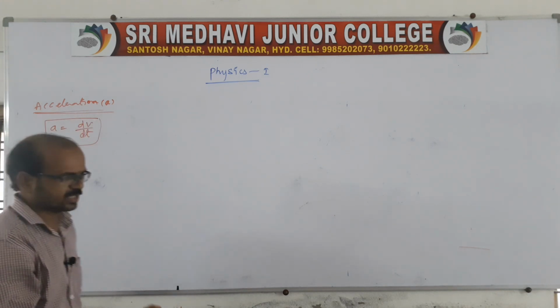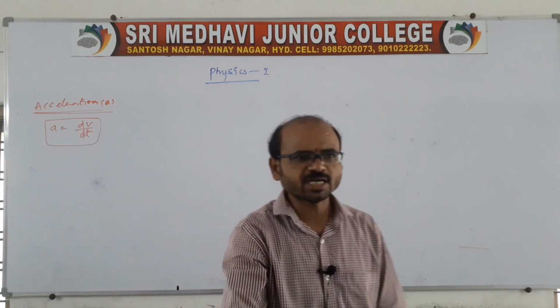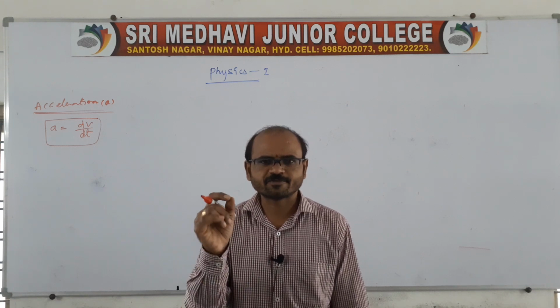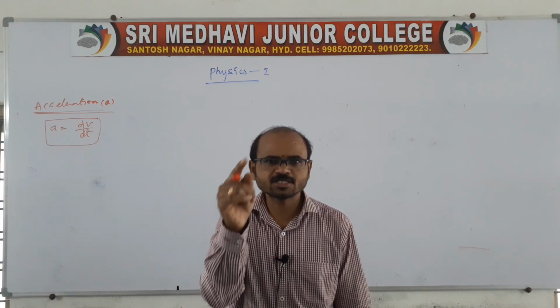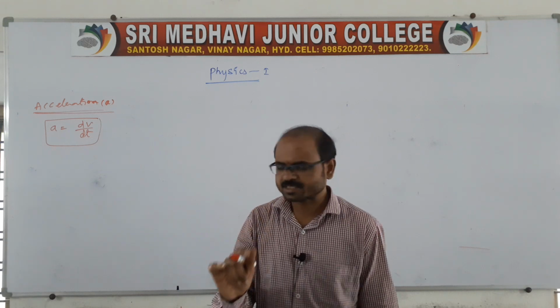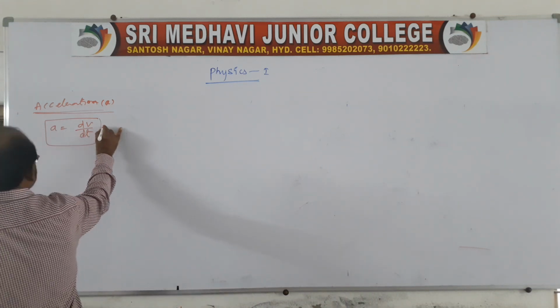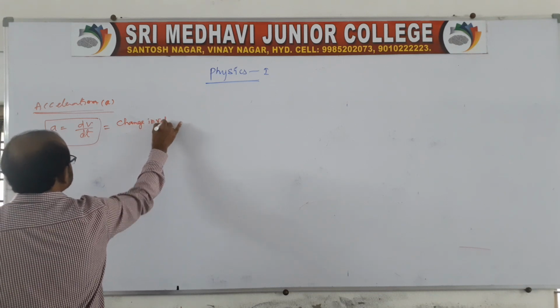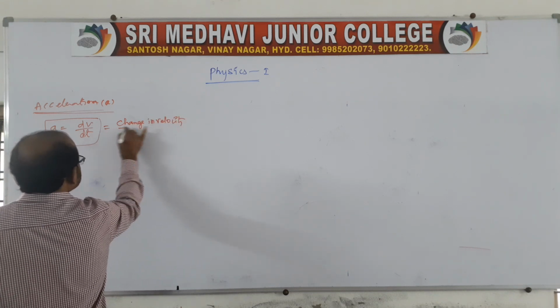Suppose the vehicle or the particle is moving along a straight line with a constant velocity. Then the acceleration is 0, because acceleration is change in velocity by change in time.